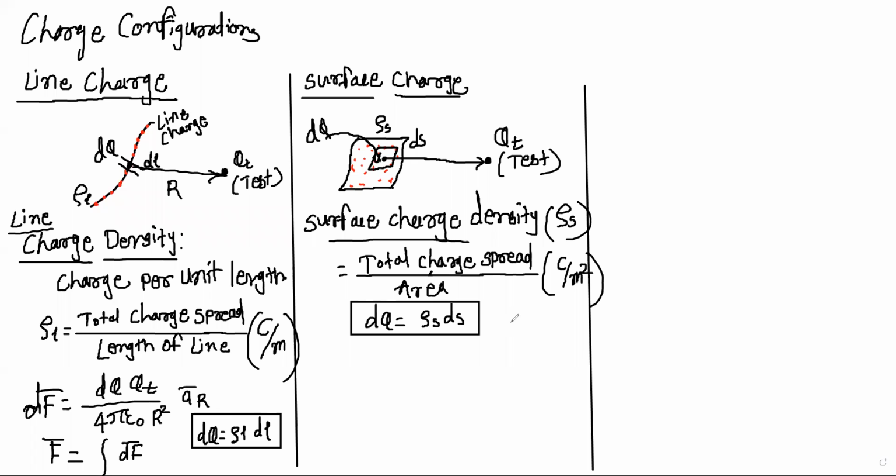Now from that you can come to know the value of dq. Now how you can proceed further? So you can find df. df is a differential force created by dq, which is equal to dq qt upon 4 pi epsilon naught r square a bar r. I hope you understand this term.